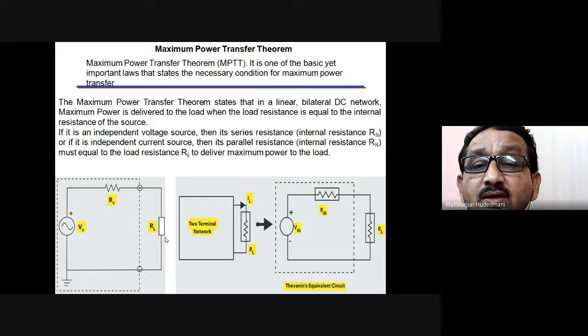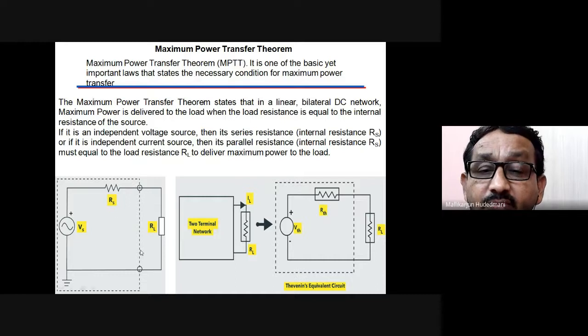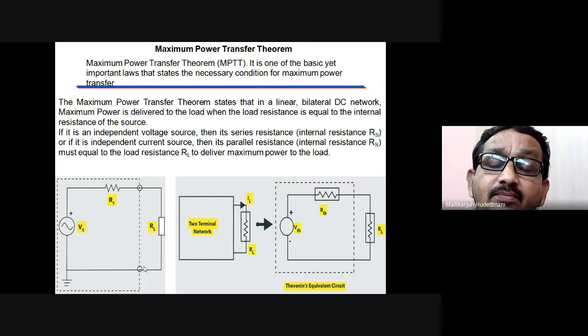For that, we need to understand, between the points of our interest, the load RL, which is connected between these 2 points. Remove the load and find out the open circuit potential between the points, like Thevenin's voltage VOC, we need to identify.